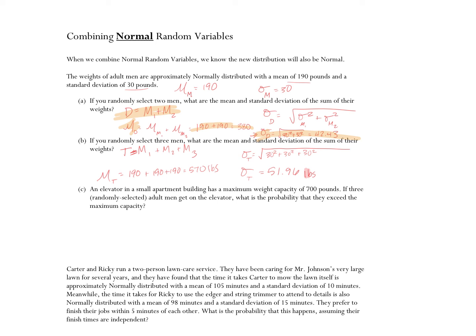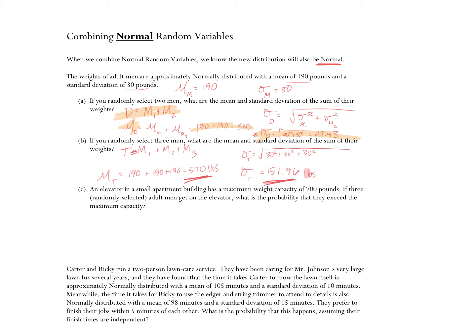What do we know about the distribution of the weights of 3 men? We know it has a mean of 570, a standard deviation of 51.96, and we know that each of the initial men's weights was normal. So the combined men's weights are also normal.